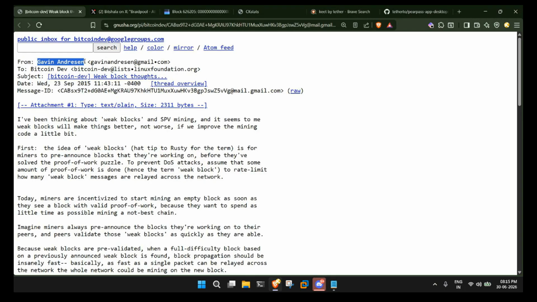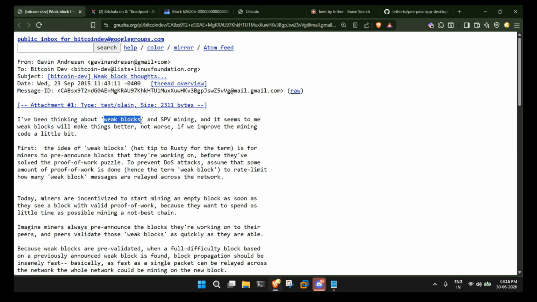Around 2010, Satoshi handed over the whole control of the source code repository directly to Gavin, and he was the lead developer for Bitcoin Core. Around 2015, he himself proposed something called weak blocks.